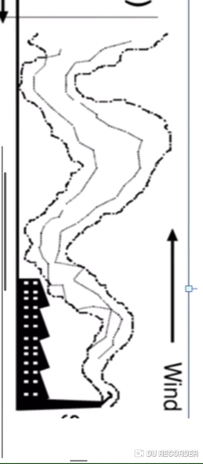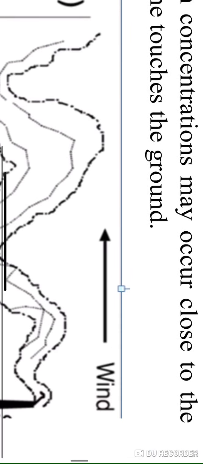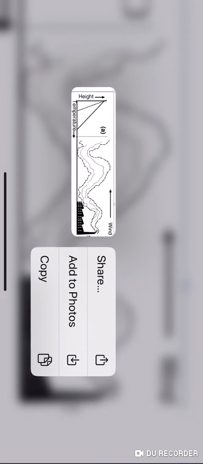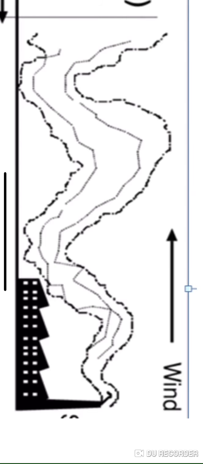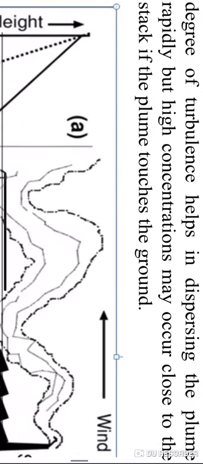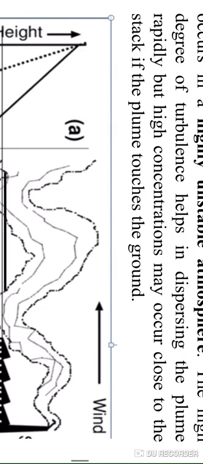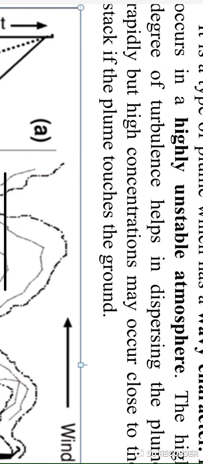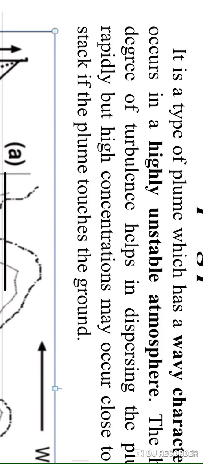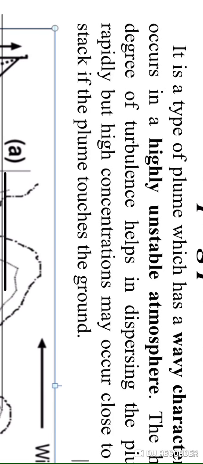Here an arrow has been shown to identify the direction of flow of the air pollutant. The pollutants are emitted and flow into the atmosphere, and while blowing they take a wavy type of structure, with ups and downs. It happens due to a highly unstable atmosphere.